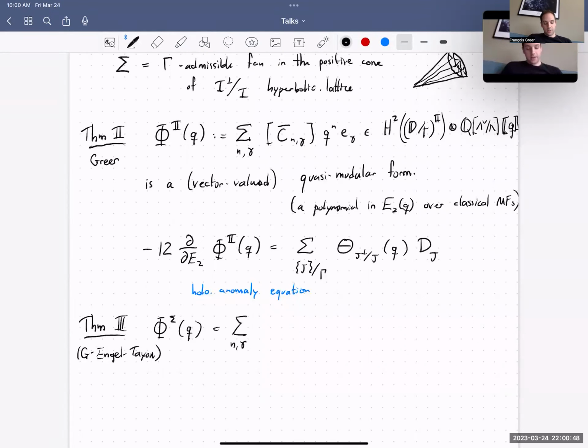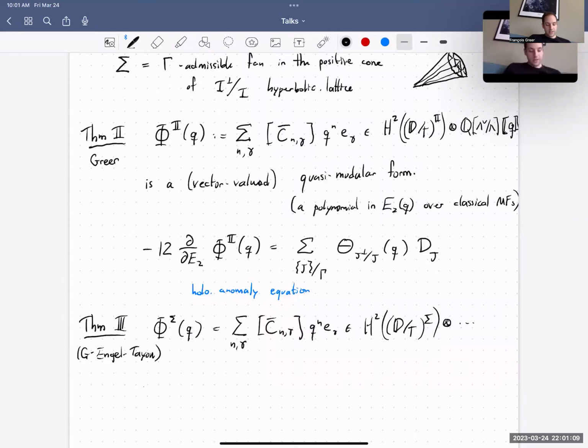And again, it's going to be the sum over n gamma of the closure of C n gamma due to the n gamma, which is now inside H2 of d mod gamma sigma. So just the full toroidal compactification tensor, same stuff as before.